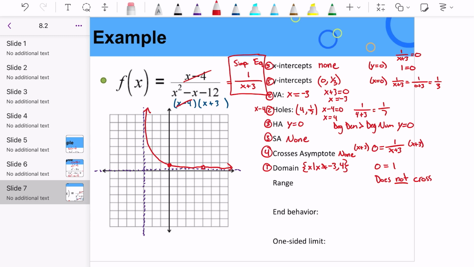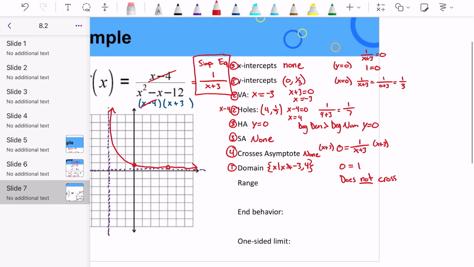Now, for the left side of our asymptote, the easiest way to figure that out would be picking a point to the left of that asymptote and solving for it. So what we're going to do is plug it into our original equation.